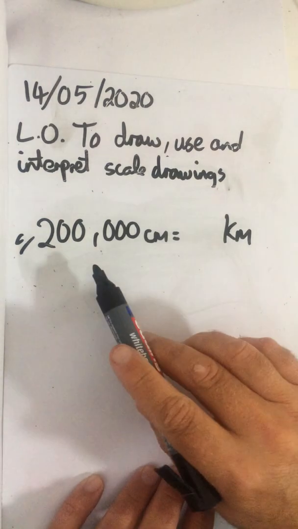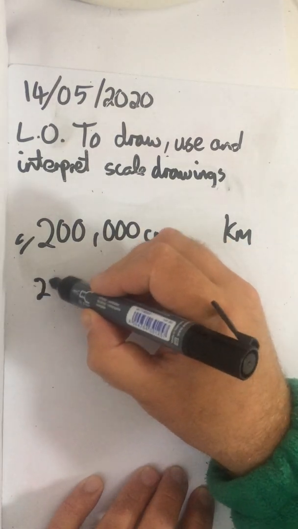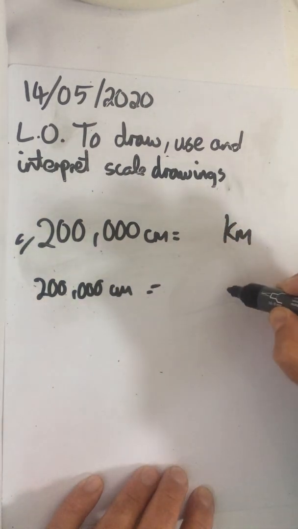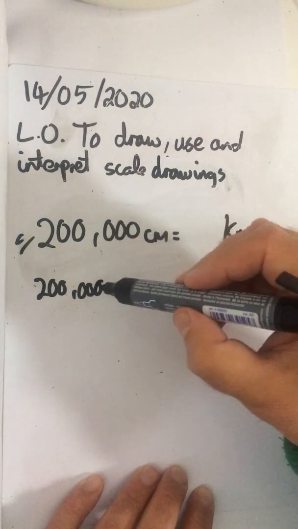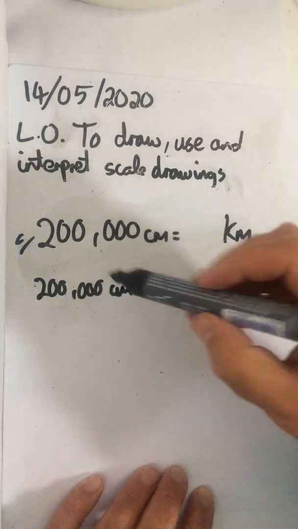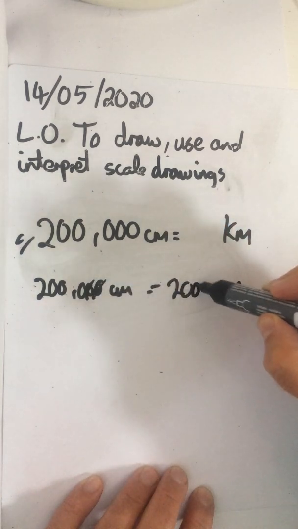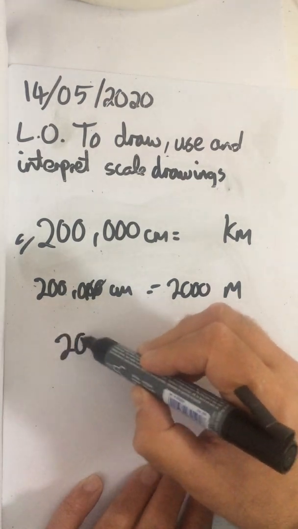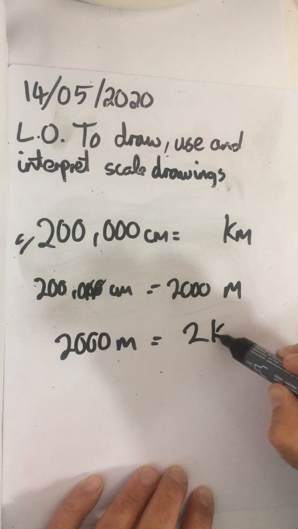So right, the way I like to convert these, I'm going to first of all convert my 200,000 centimetres into metres. Now I know that we've just gone through, to convert centimetres to metres, you divide by 100. So you're crossing out. So I know I've got 2,000 metres, and I can see from there that 2,000 metres equals 2 kilometres, doesn't it?